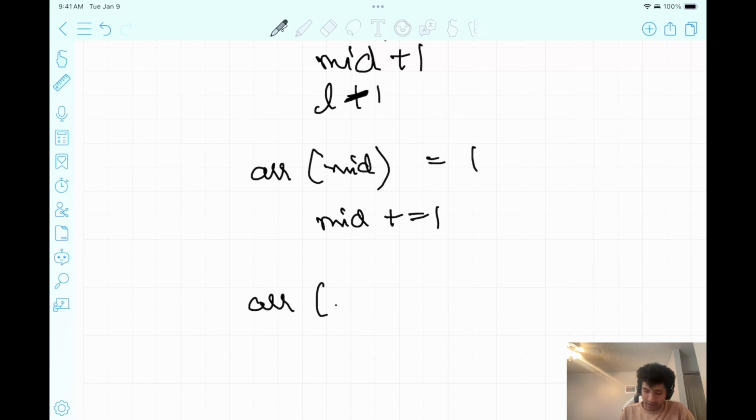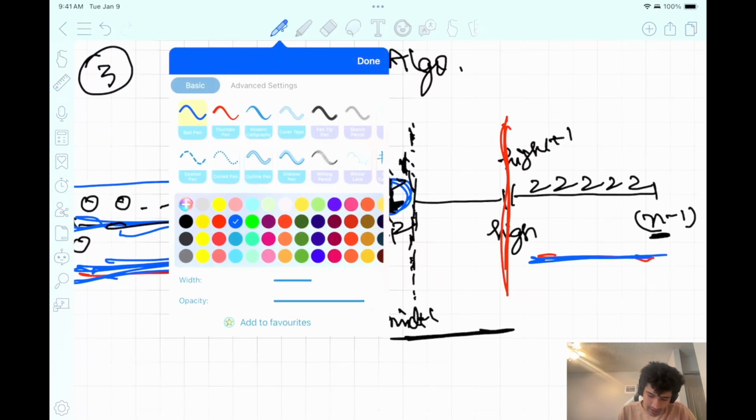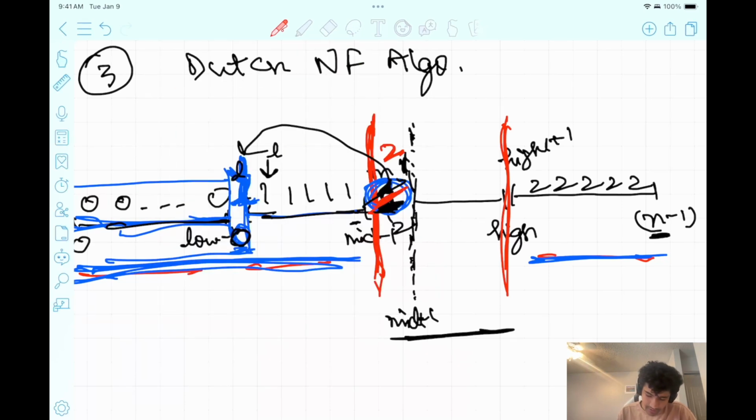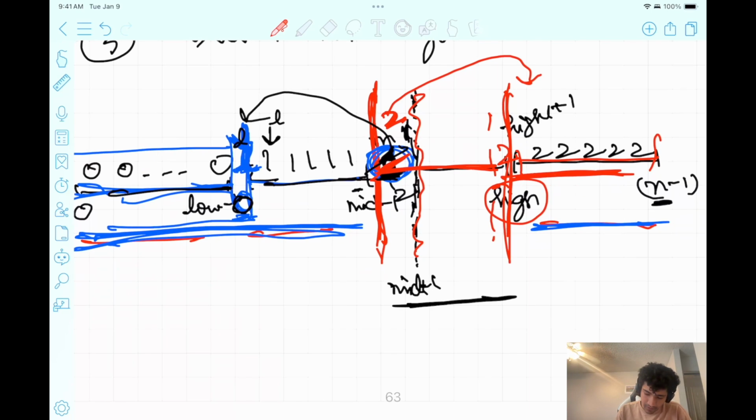Then, array of mid, if it is equal to 2, right? Let's suppose we'll have 2 over here, right? Then we are not considering this, we are still in this range. We have 2 over here. It would make more sense to keep it somewhere in this particular range, right? If we keep it on high, can we not say that this part is sorted, right? And our window size is now reduced from mid till high minus 1, right?